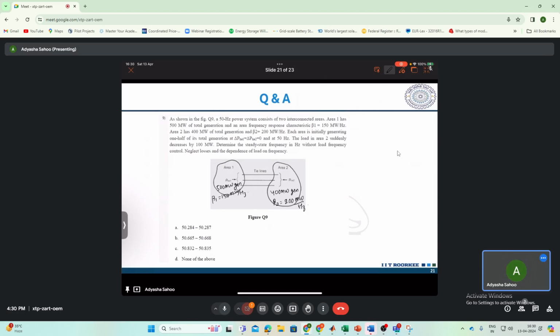Okay, and there is no tie line power flow at 50 hertz. So what happens? The load in area 2 suddenly decreases by 100 megawatt. So PL2 is minus 100 megawatt.